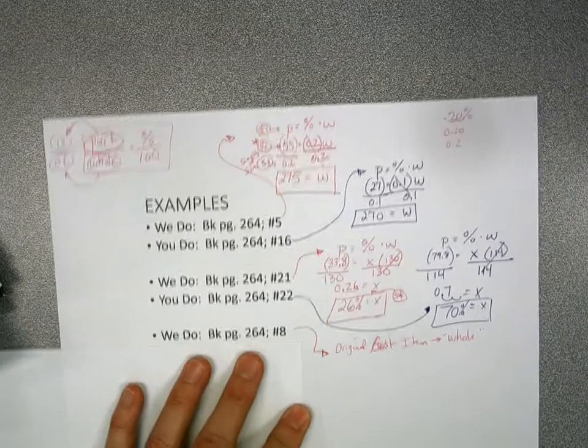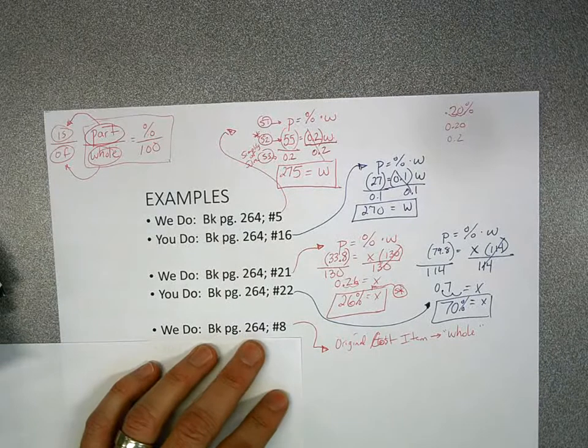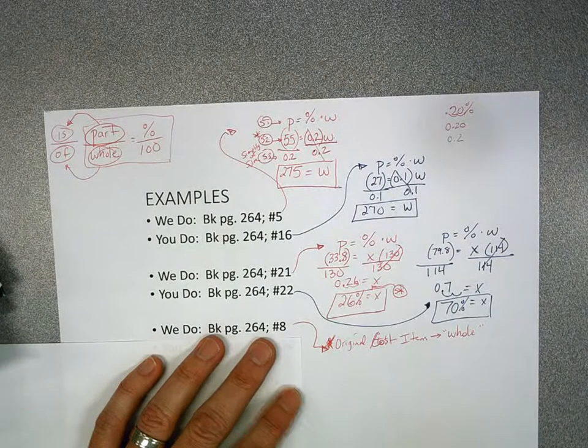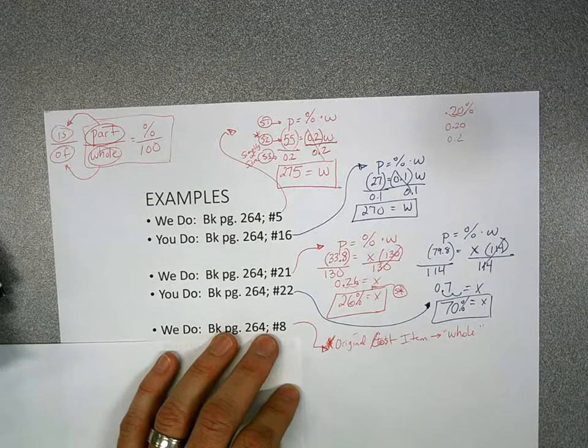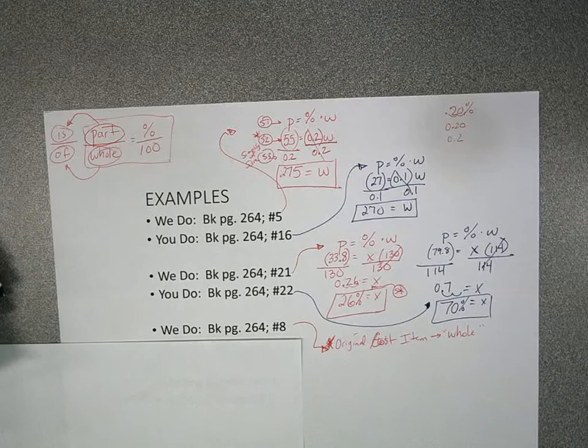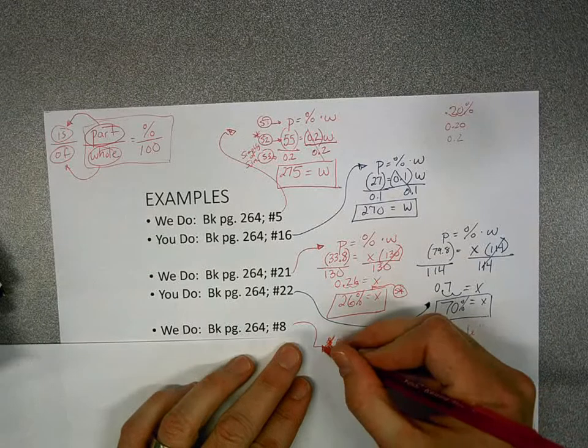Okay? But here's the other thing. So these are just two little notes. Here's another thing I want to talk about. And I'm not sure why the book is set up like this. We haven't talked about sales tax yet. However, they throw a sales tax problem in here. So I'm going to give you pretty much what you need to know.